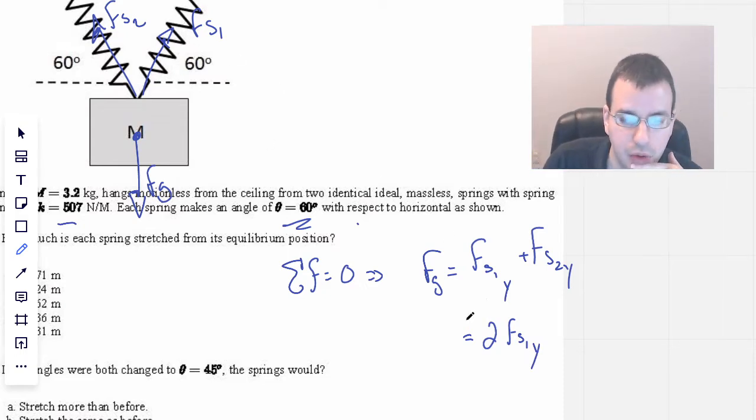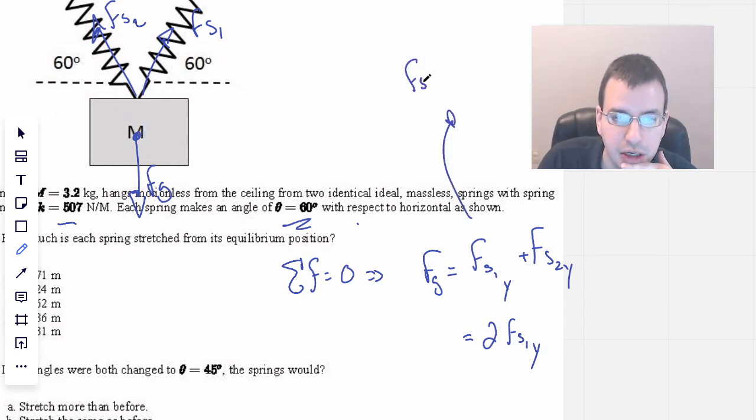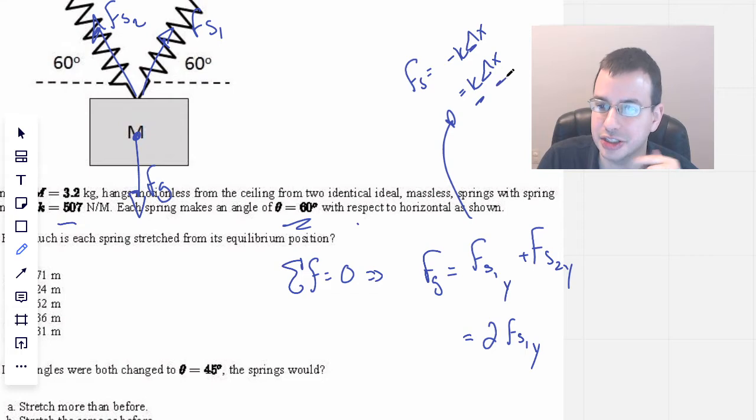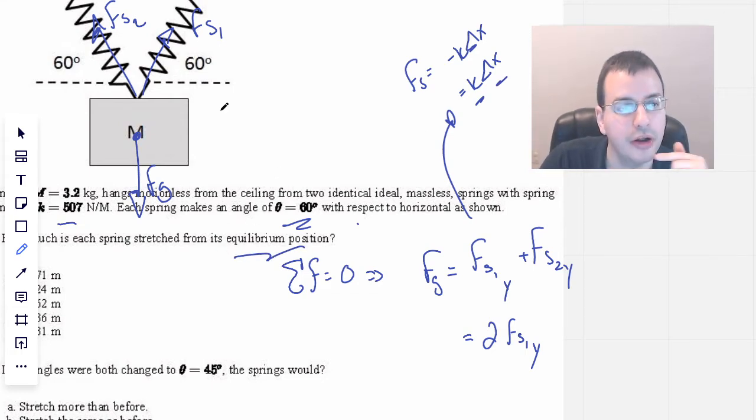Now, to find the y direction: the force due to the spring, in general, will be negative k delta x. I'm just going to call it k delta x, a spring constant times the amount it's displaced from equilibrium, which is what we're looking for.